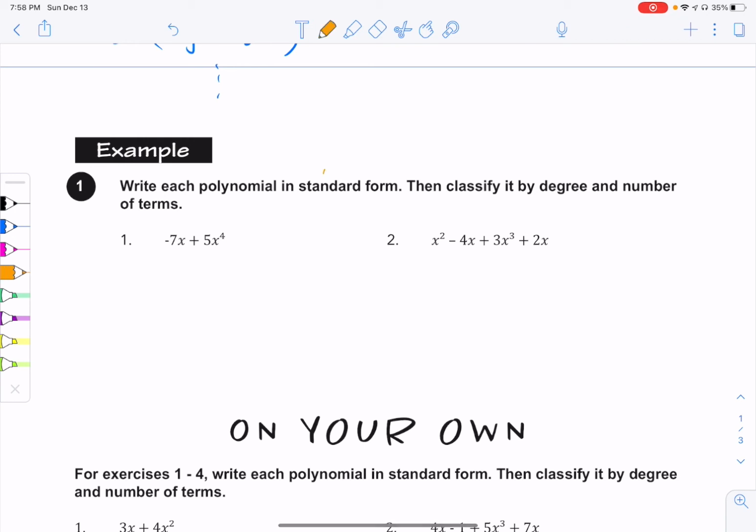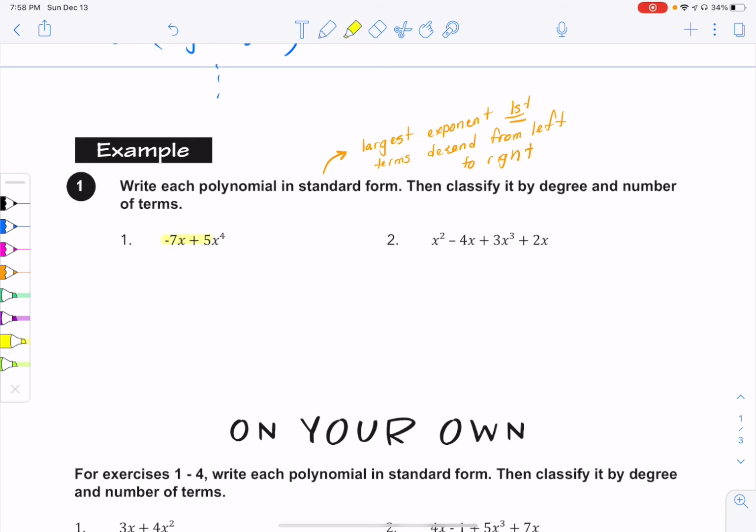Just a quick reminder, standard form is largest exponent first, decreasing from there. After you write it in standard form, you're classifying by degree and number of terms.